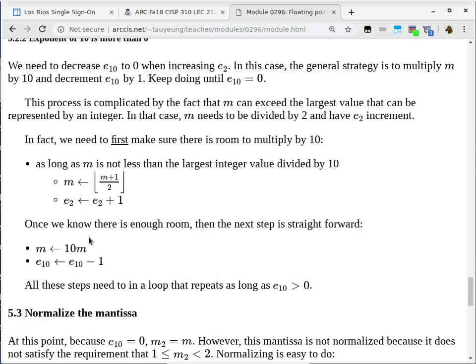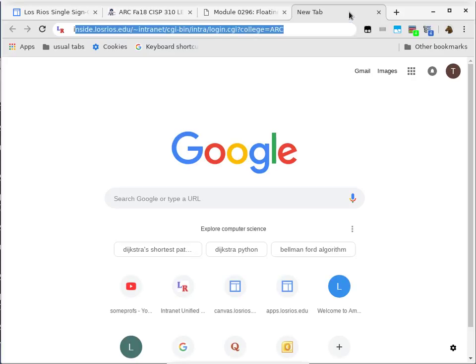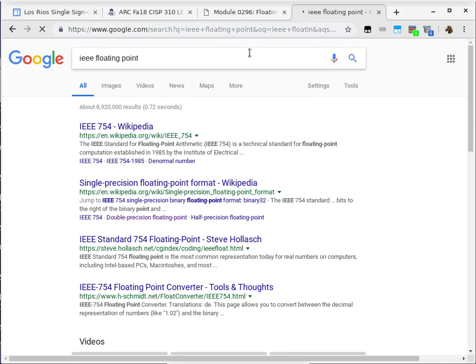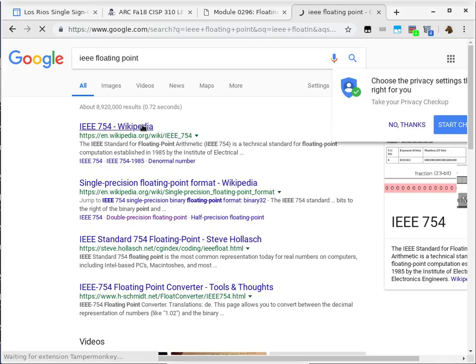And this math cannot be illustrated using a spreadsheet. Now, if I reduce the size of the floating point number, I can probably do it. So if you look into IEEE floating point numbers, there are several formats.